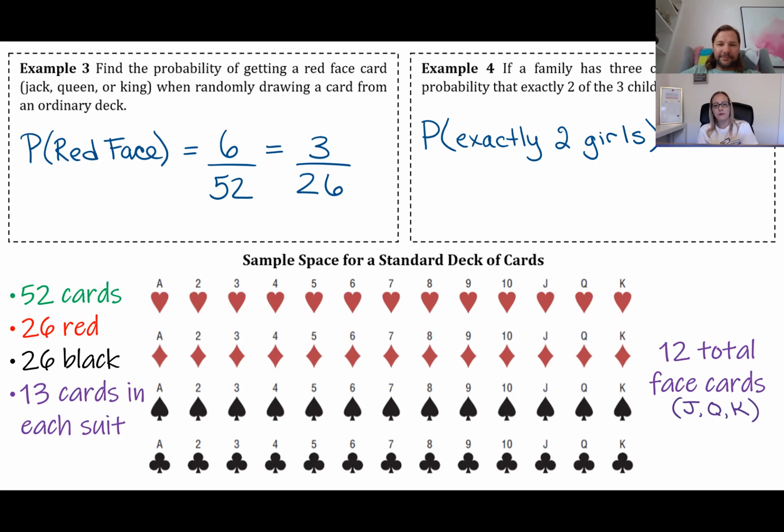Okay, so example 4 says that if a family has 3 children, find the probability that exactly 2 of the 3 children are girls. So we're looking for the probability of exactly 2 girls. Now, in order to answer this question, you have to know the entire sample space for 3 children. Okay, so that's why we did example 2, where we figured out the sample space for 3 children.